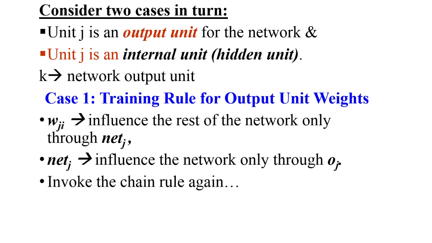Net_j can influence the network only through o_j, that is, the output. Therefore, we can invoke the chain rule again.